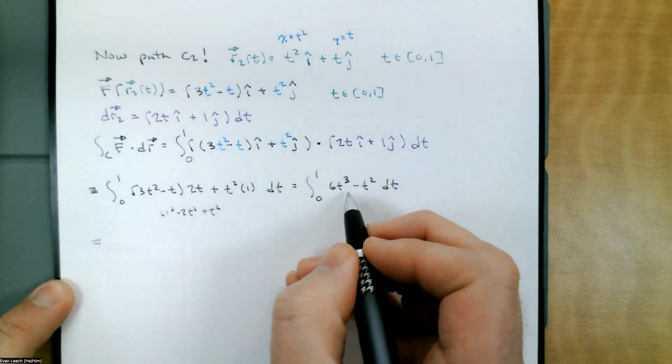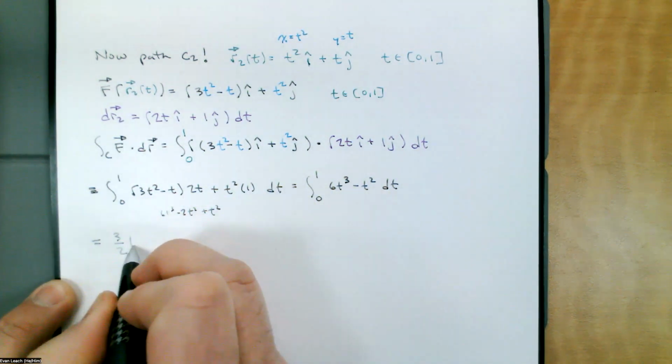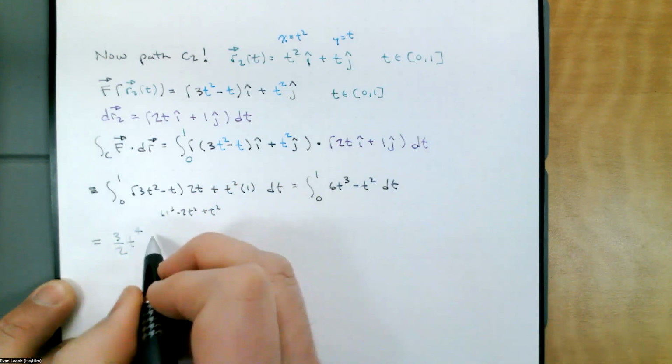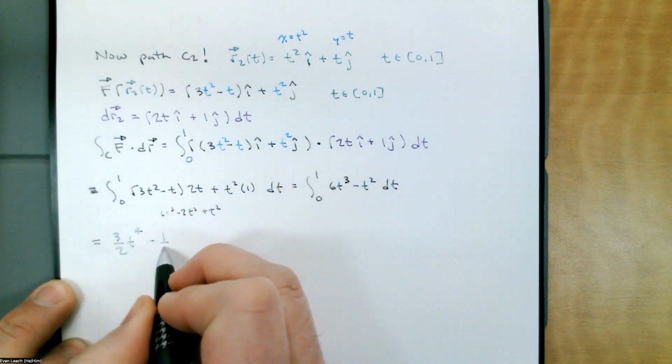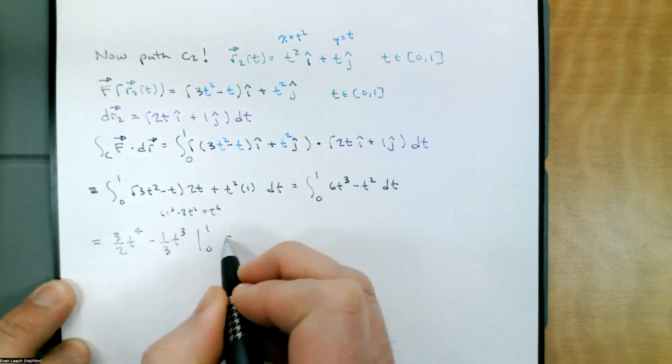The integral of 6t cubed is 6/4 t to the fourth, minus a third t cubed, evaluated from 0 to 1.